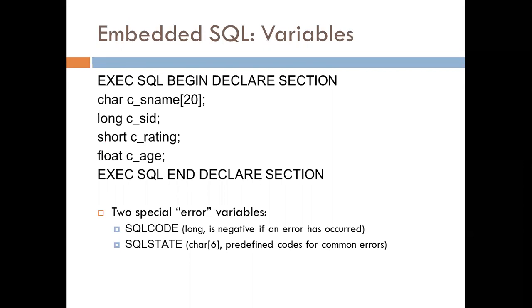Again, there will be some predefined error conditions which can be represented in a SQL state. Both are used to give some hint about the execution of the SQL commands. SQL state is a 6 character code for common errors.